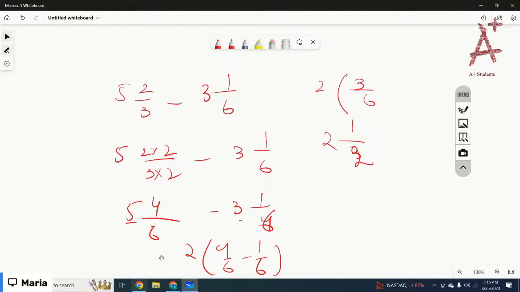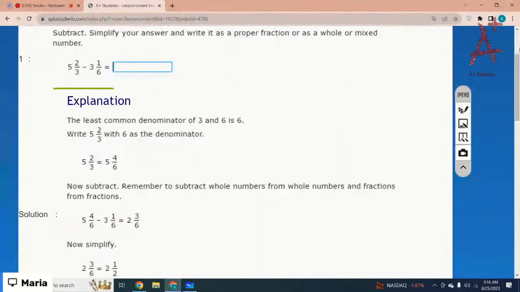So it is 2 whole 1 over 2. Let's just start with the practice question so that we can do more and more.